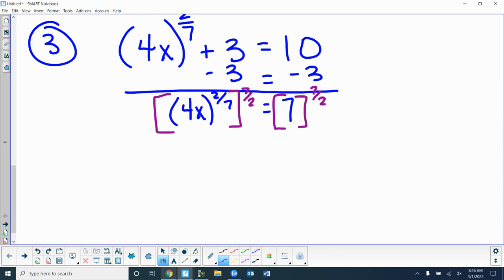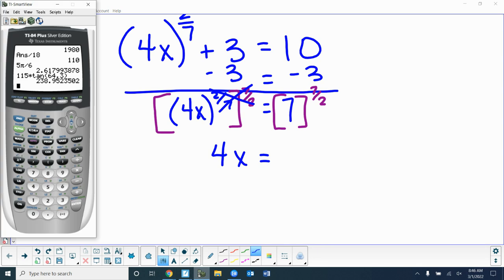So all that's left on the left then, because these basically cancel, is the 4x. And 7 to the 7/2, I don't have that written down, so I'll do that. So 7 caret parenthesis 7 divided by 2. Pretty good sized number. 907.5.